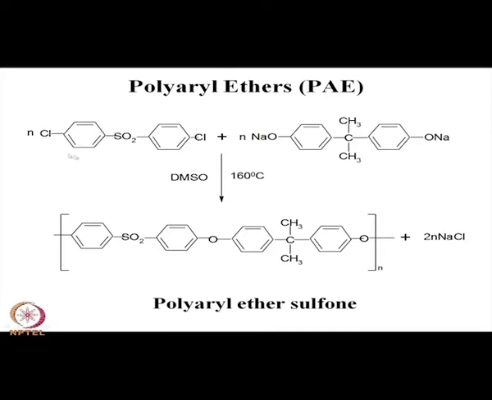I have some doubt about the nomenclature of this polymer. So, these reactive chlorine groups are there, the sulfone group, and this sodium salt of bisphenol A in dimethyl sulfoxide solvent. If these reactants are heated, this kind of polyether sulfone is formed.